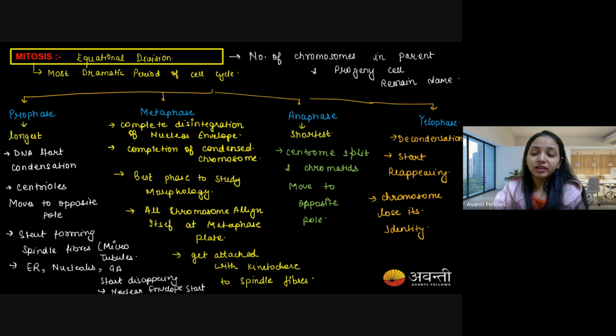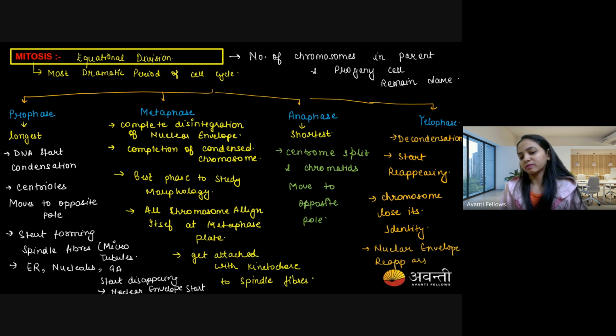Because chromosomes get converted into chromatin material. है ना? So chromosome loses its identity, and the last should be nuclear membrane, nuclear envelope reappears. लिखो इन सभी पॉइंट्स को, then we will make some diagrams.